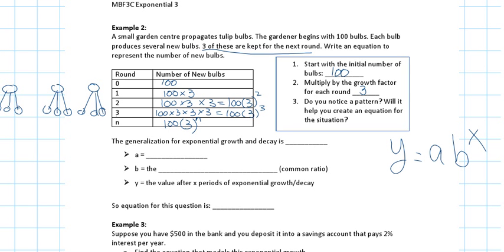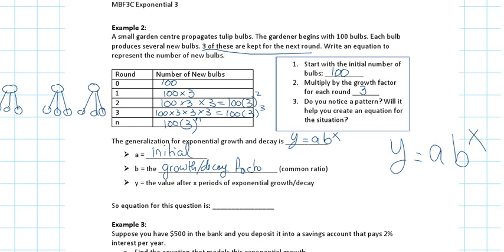Okay? Sorry, the general formula, I should have written this here. A is the initial value, in this case 100. B is the growth or decay factor.